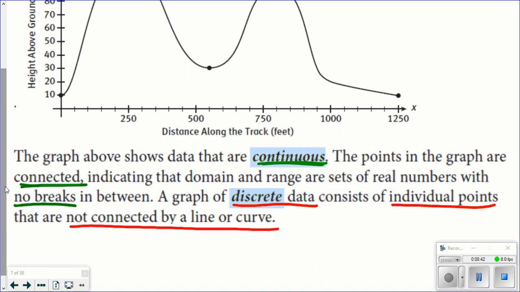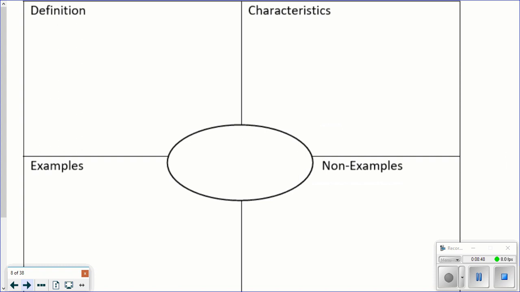So we are going to add these two to our vocab organizer. Remember, it looks like this. We already have a few spots filled out, but you should have a lot of empty spaces. So let's write continuous. If you don't have a vocab organizer, you can just write this down on a piece of paper.